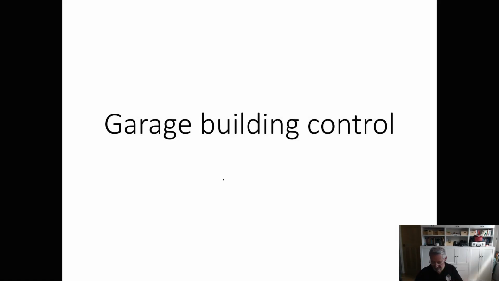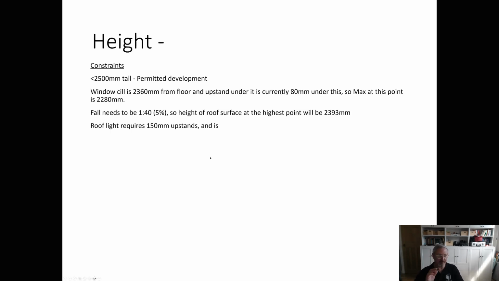Okay, so in terms of details around the actual building work, permitted development limits you to a height of 2.5 meters, and I don't want to go over that anyway.